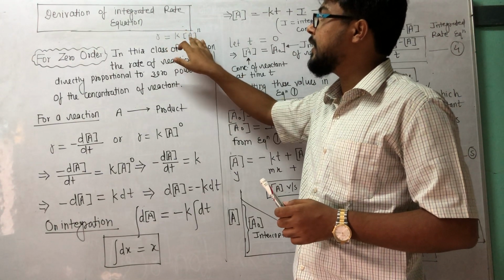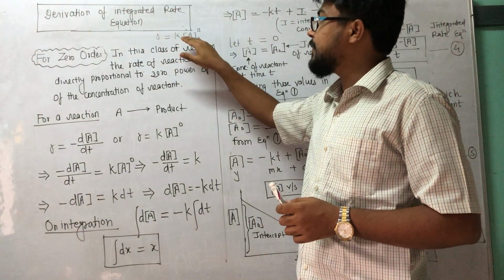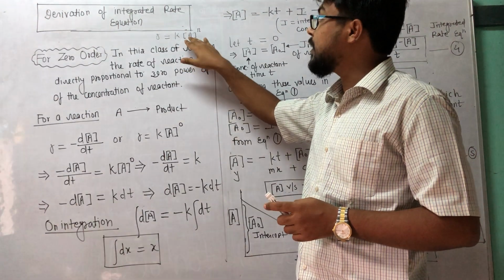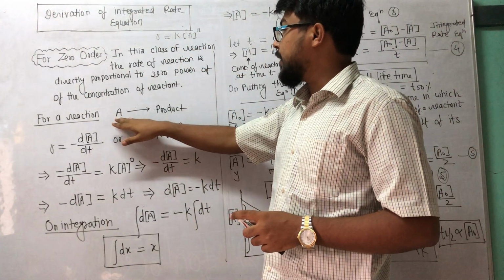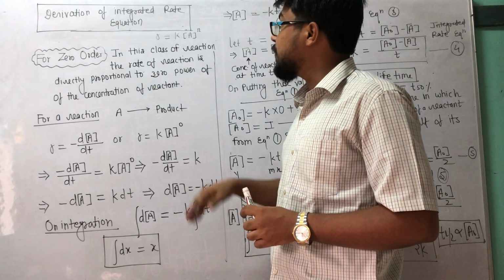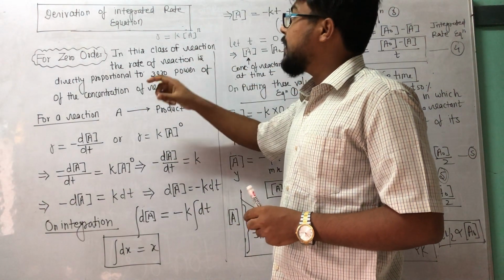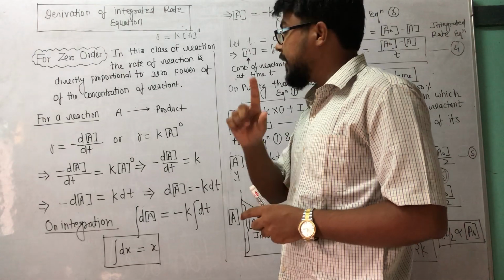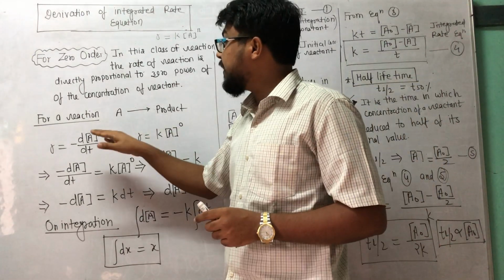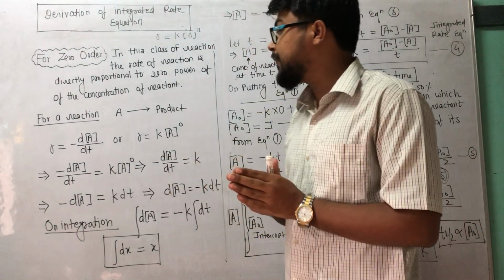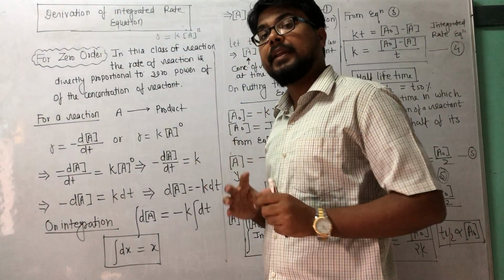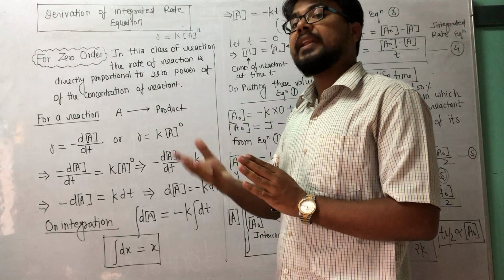K is the rate constant, A is the reactant in a reaction in which A is converting into product, and n is the order of reaction. So for zero order reaction, n will be 0. We can express rate in terms of the rate of disappearance of reactant or appearance of product.